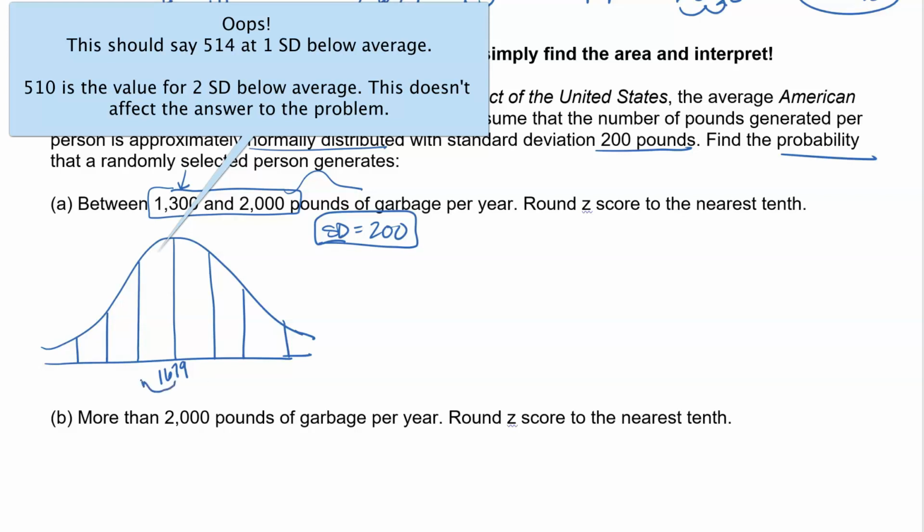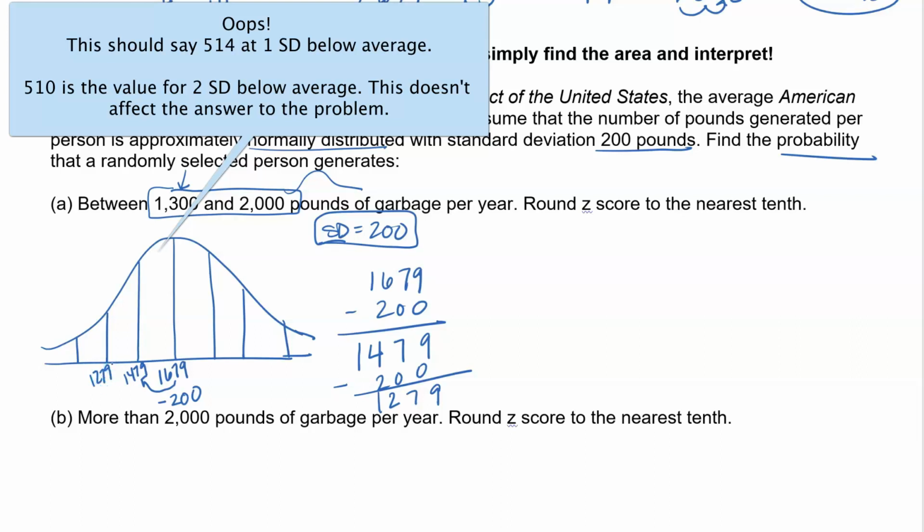So if I take 1679 and I subtract 200, I end up getting 1479. Okay, and then if I subtract 200 again, I end up getting 1279.